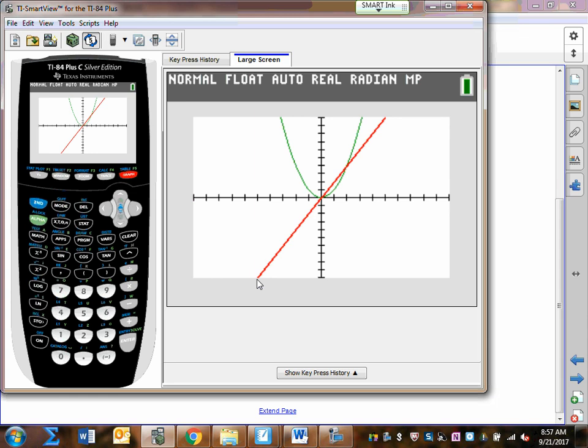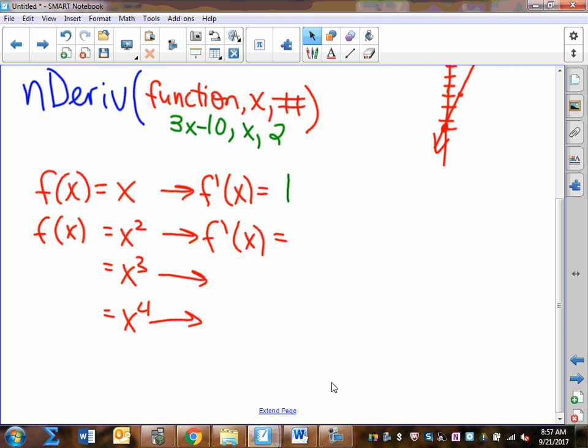So what type of graph is my derivative? It's a line. So we know it's some type of x. Now, can we figure out what that slope is? It's a y-intercept of 0. What does it look like our slope is? Yeah, it's 2. So our derivative here is actually 2x.